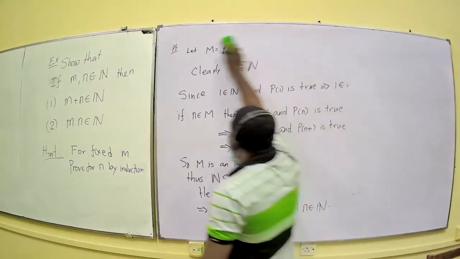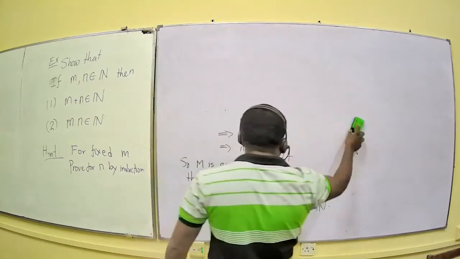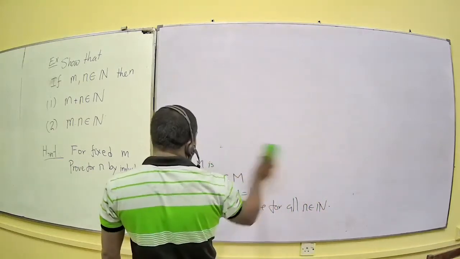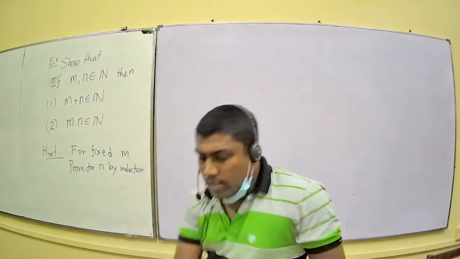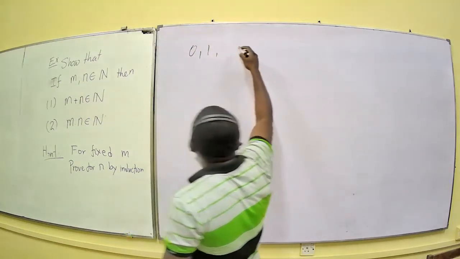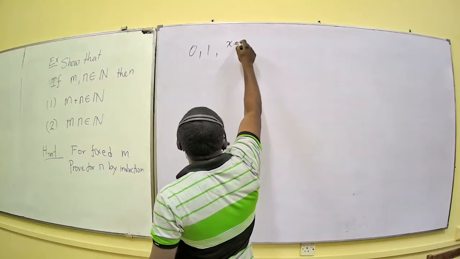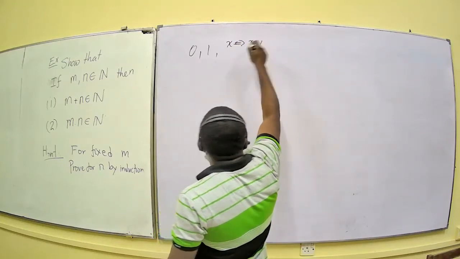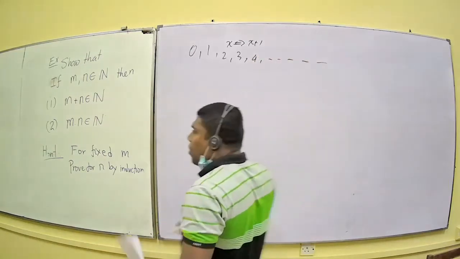So now what you have is this. We start with 0, 1, and then we have x. From x you have x plus 1, so that means you build up 2, 3, 4, and so on.